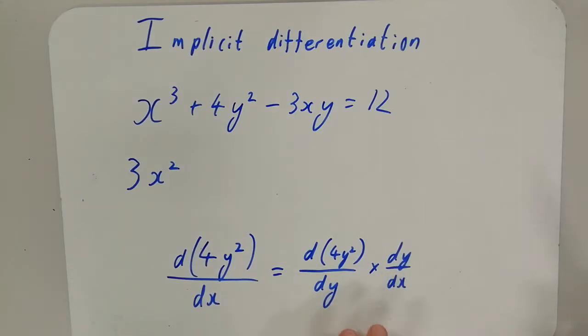Remember, it's not strictly speaking a fraction, but it certainly helps you remember it. Okay, so we can now do this. I can differentiate 4y squared with respect to y, and dy dx, well, I can't simplify that, so I'll leave it as that.